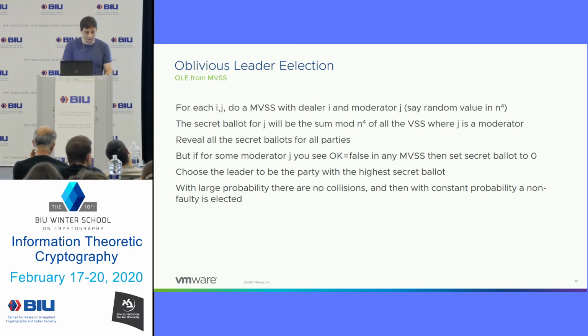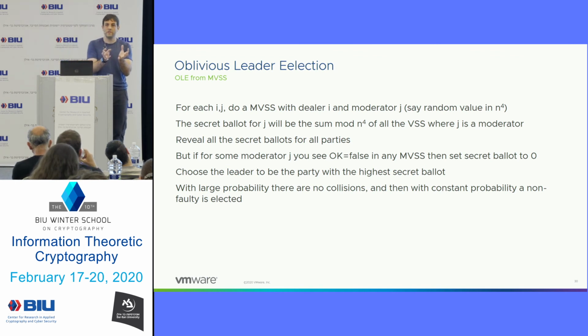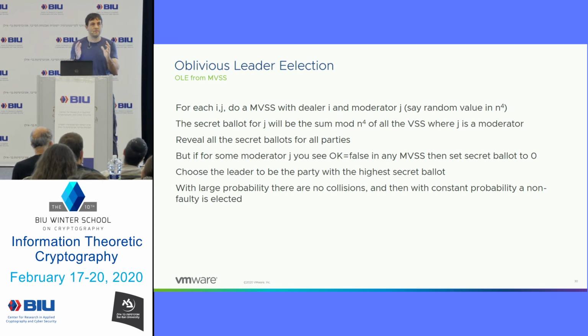Okay, so what we've seen here is the full construction of how we start with gradecast. We use this to take a VSS protocol, and with gradecast and this moderated gradecast, we build an oblivious leader election.